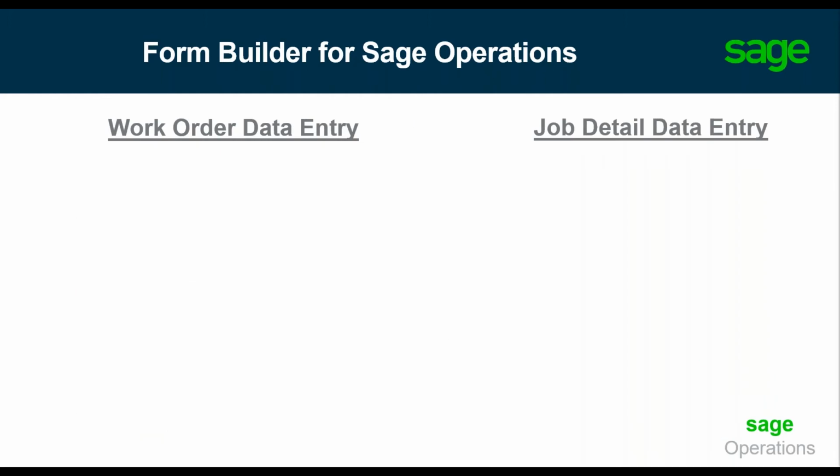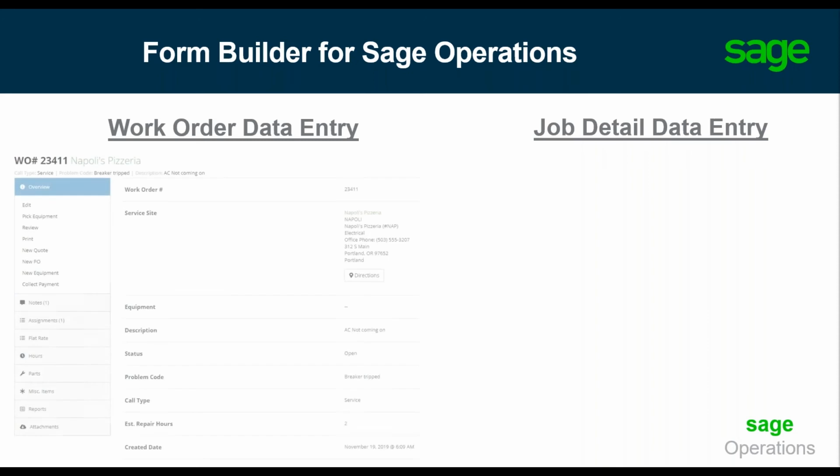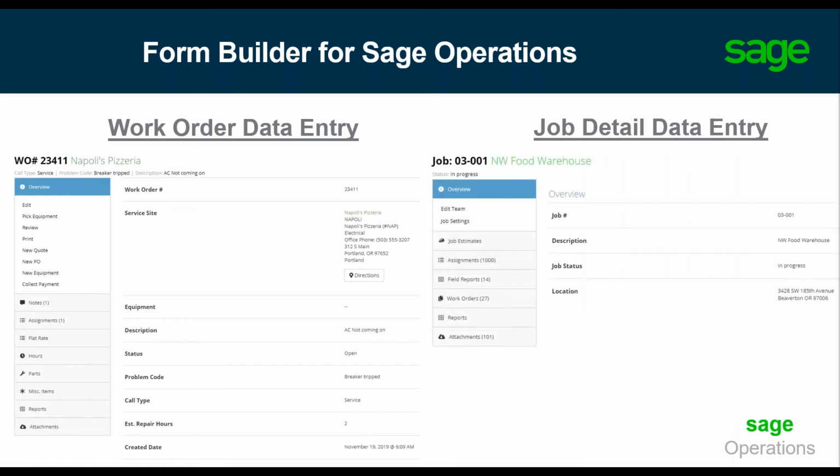So diving into the form builder for Sage Operations, as you may be aware, Sage Operations can be used in your service department for work orders, as well as for your field people out in the construction site. I will be referring to both the service side of things as well as the job side in today's presentation.